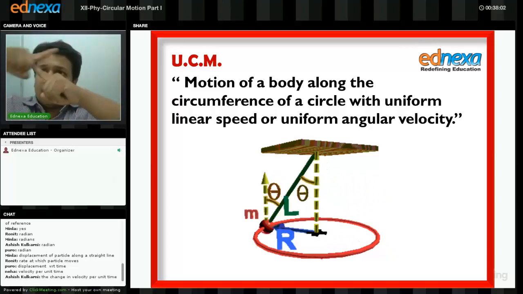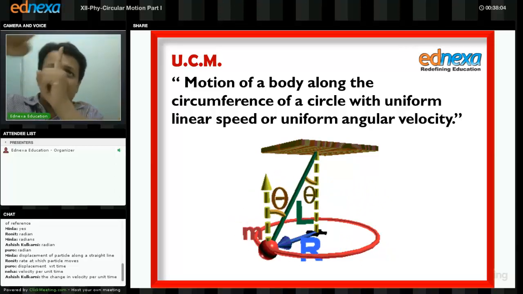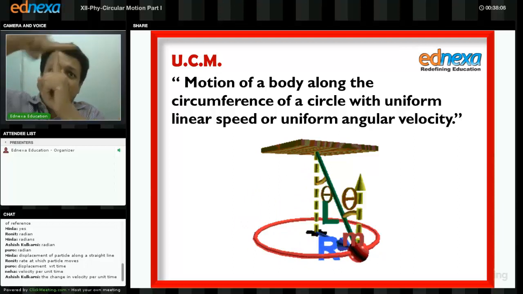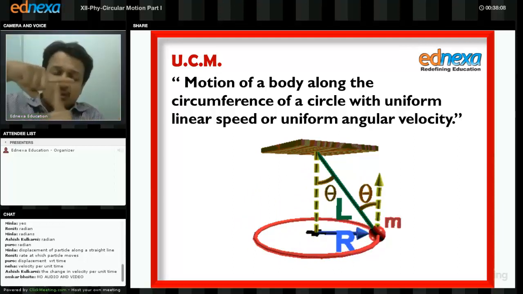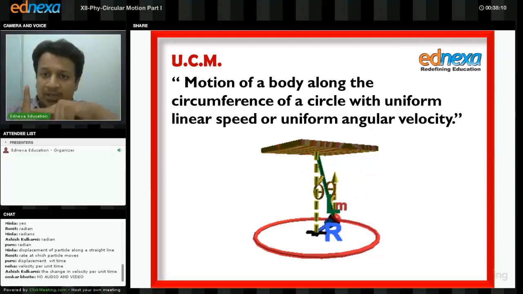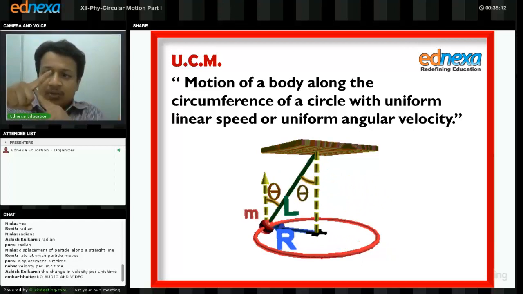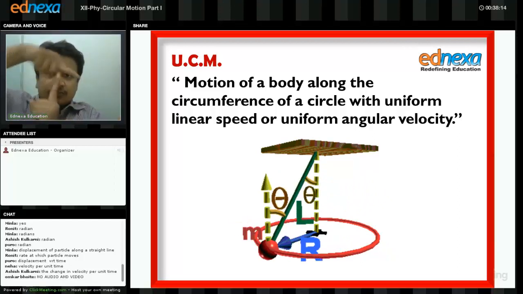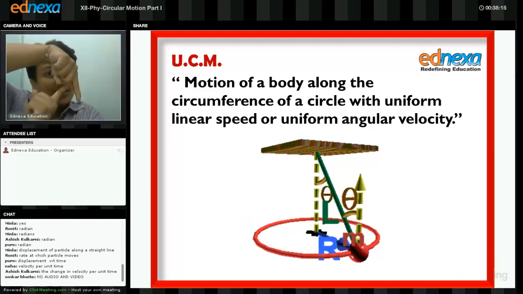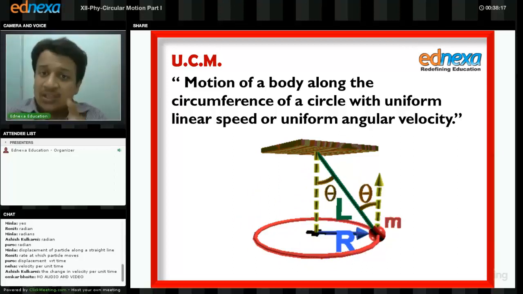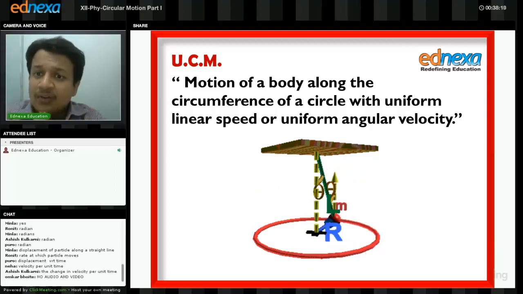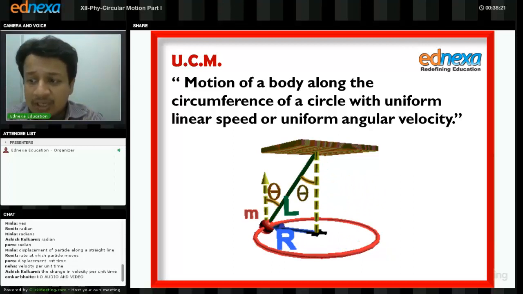At point B, the direction of velocity is this. At point C, the direction of velocity is this. So at point A, the direction of velocity is this, and at point B, it is like this. Is it right? So is the direction of linear velocity going to remain constant?